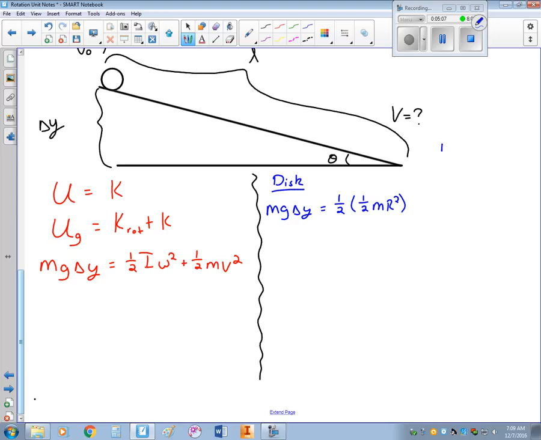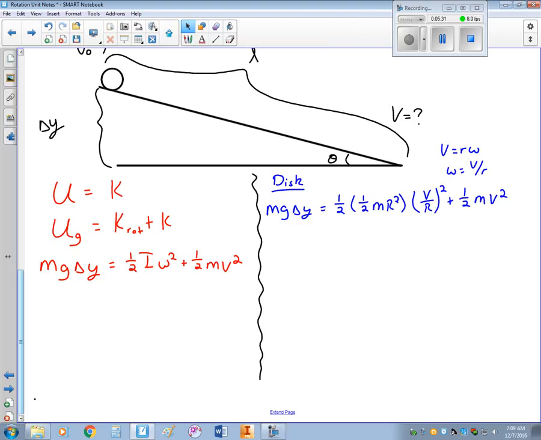The next thing, v equals r times omega, so omega would equal v divided by r. We can get rid of that omega. I do that because I want this in terms of v.